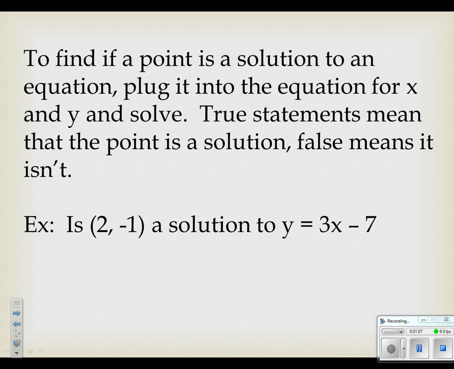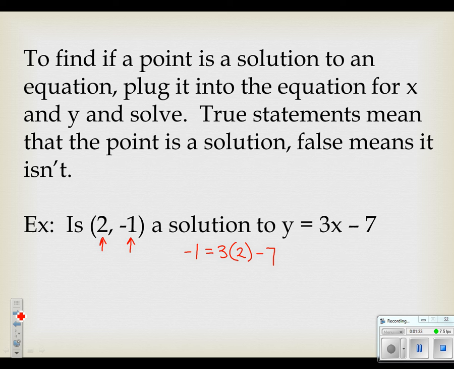In the example, it's asking us, is (2, -1) a solution to the equation y equals 3x minus 7? All right, so we plug in our x value of 2 and our y value of -1 and we check it. So -1 is equal to 3 times 2 minus 7. You can see I've just put those two values into the equation that was given.